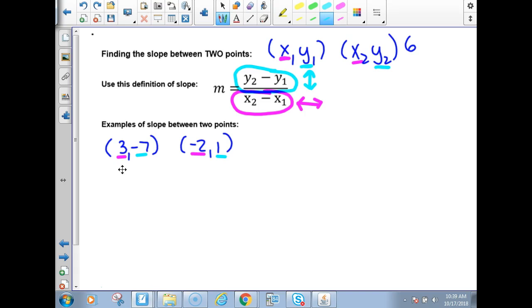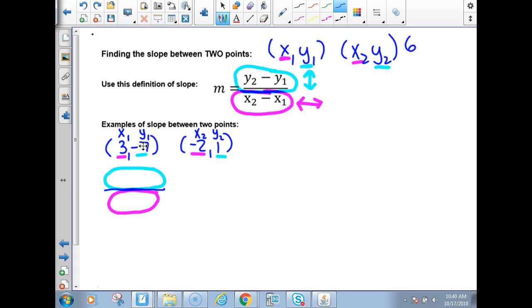So to do the slope, we want to do the y's first. Y's on top, x's on the bottom. This is a fraction. So I'm going to say this one's x1, this is y1, this one's x2, this is y2.